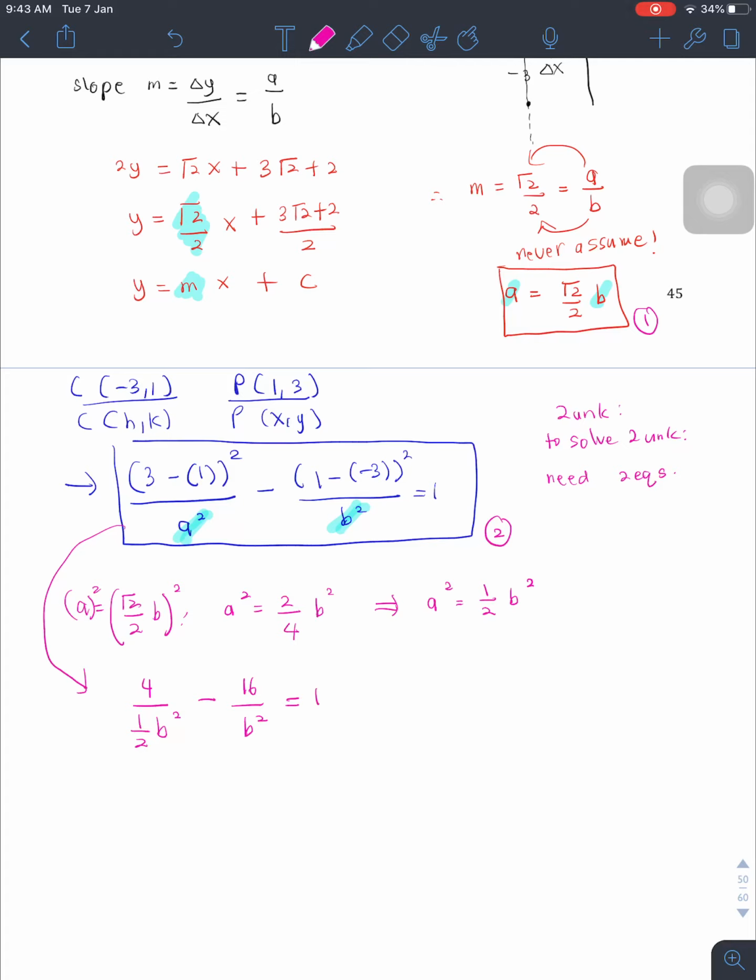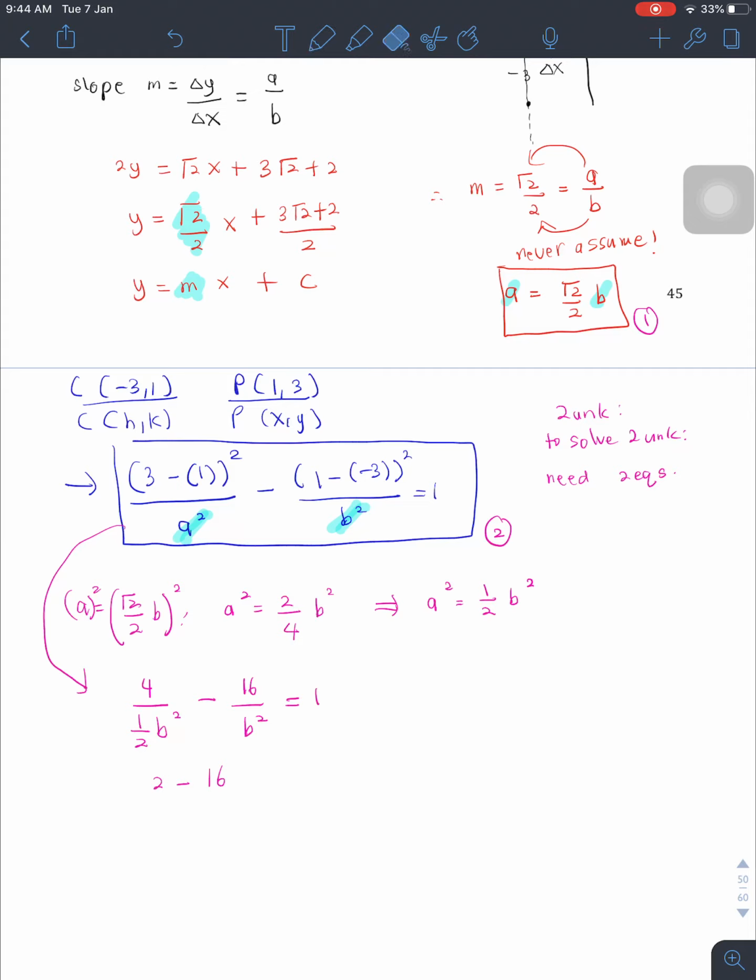And then you simplify such that you're going to get 4 divided by half. It's going to give you 2, 2 minus 16. Am I right? 4 divided by half is going to give you 8.